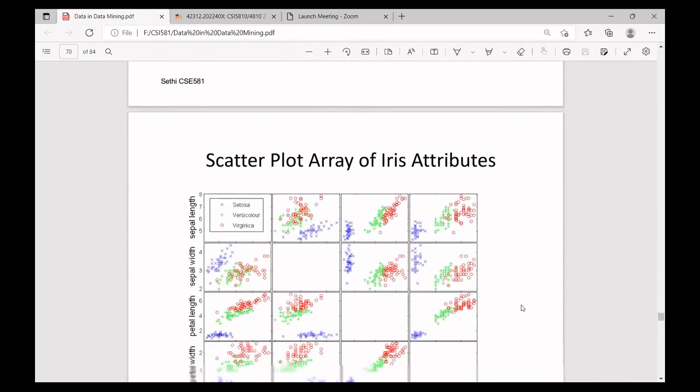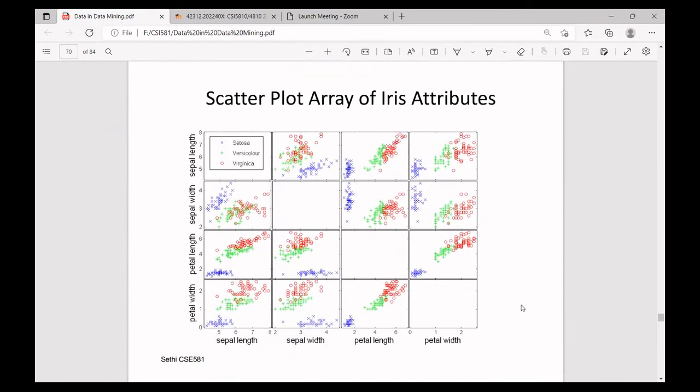In this slide, we are looking at the scatter plot of iris data. Remember, there are 4 features in the iris data. The plot at the bottom left-hand side is between sepal length and petal width. On the vertical axis, the bottom row is for petal width, the next row is for petal length, the next one is for sepal width, and the top row is for sepal length.